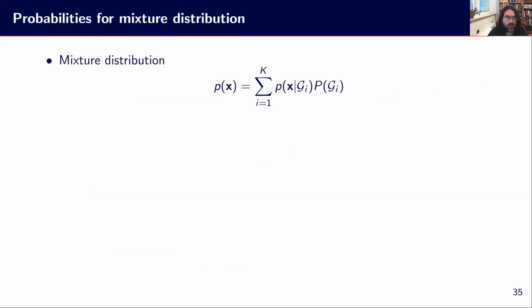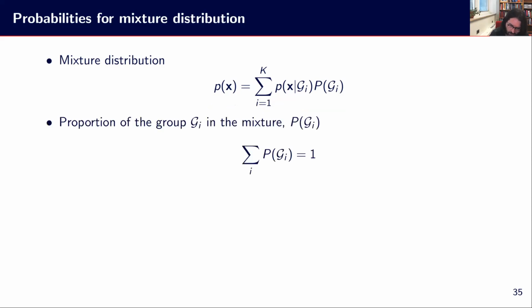Then we have the density function p, the likelihood of x coming from that mixture distribution described by this here. We are looking possibly at the proportion in the group Gi of the mixture.